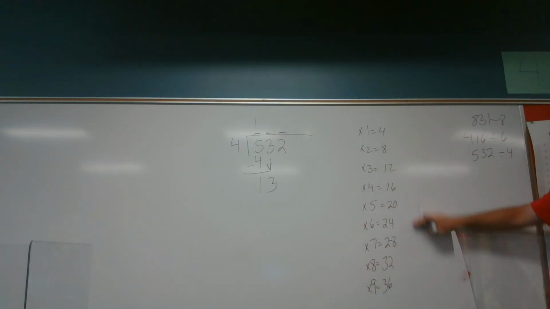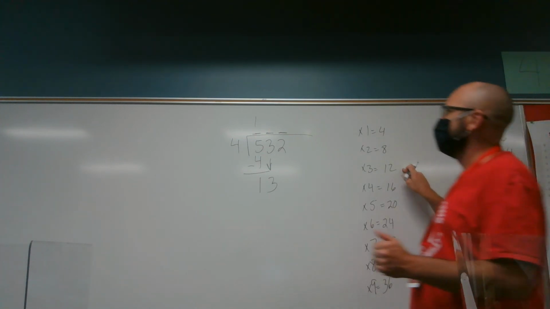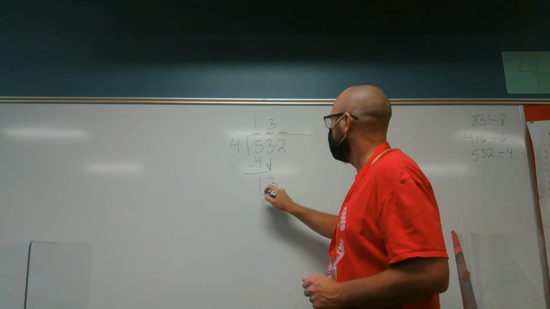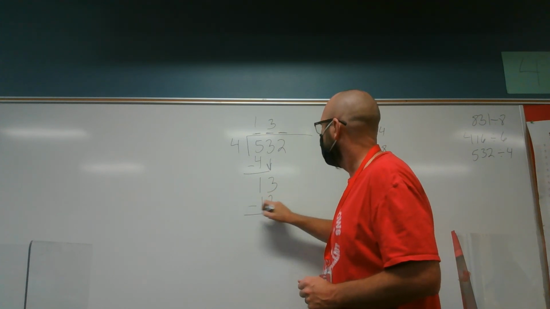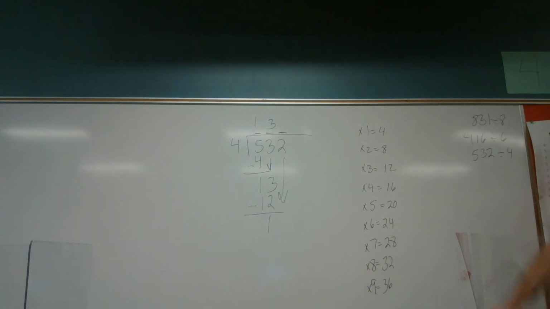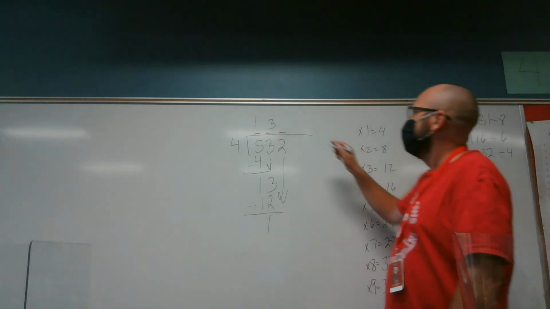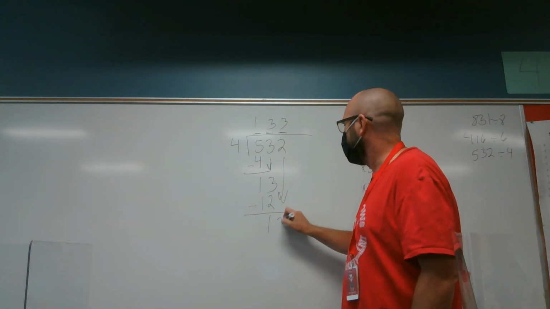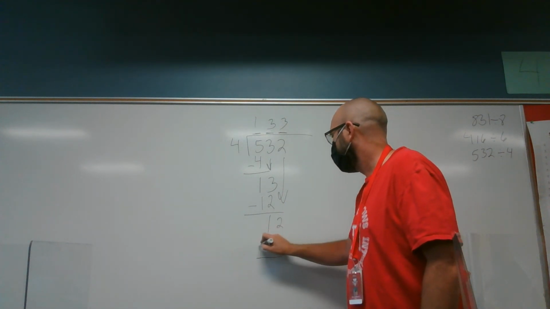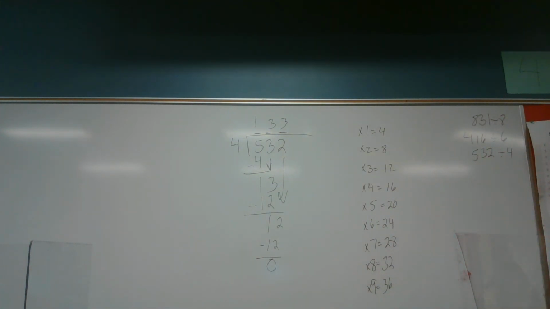As close as I can get to 13 without going over is 4 times 3, 12. Bring that down. And 4 goes into 12 how many times? 3 times. And that's exactly 12. So I have no remainder. So my answer is 133.